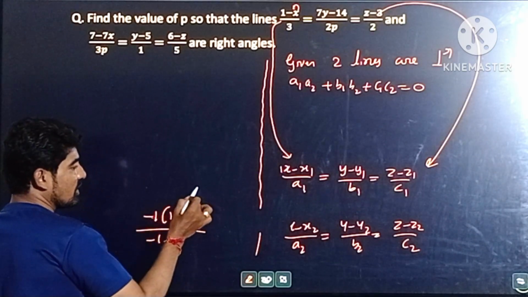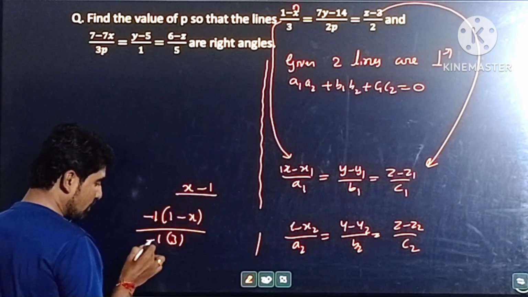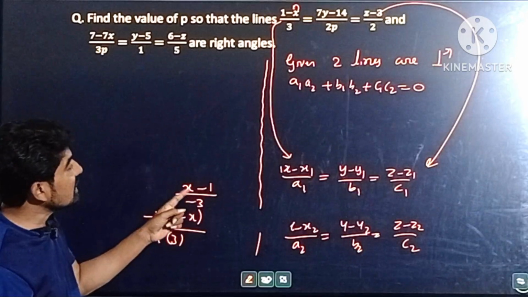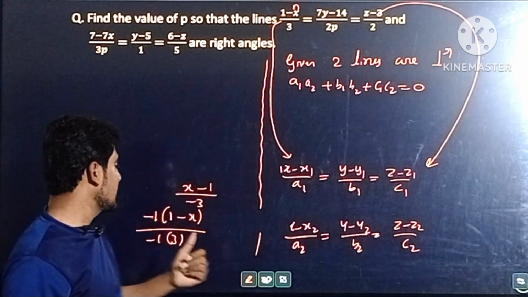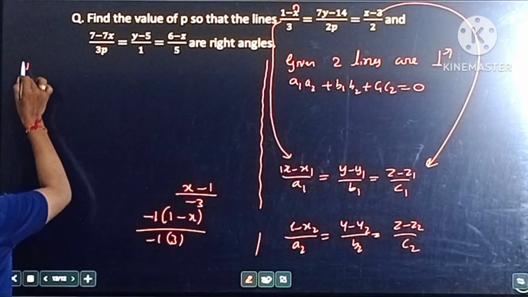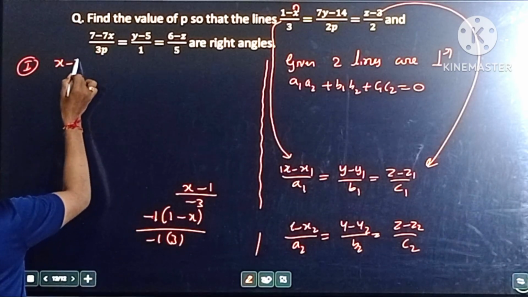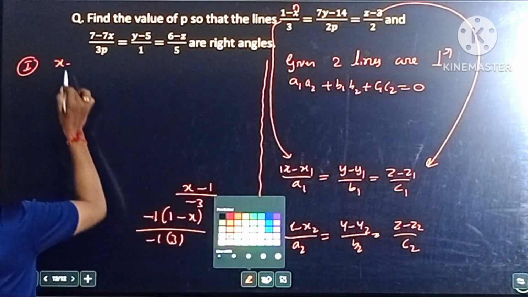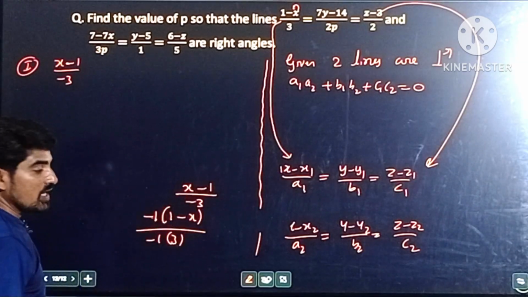Minus 1 into 1 is minus 1, minus into minus x is plus x, and minus 1 into 3 is minus 3. So the first term is converted to x minus 1 divided by minus 3. Now this is in standard form.